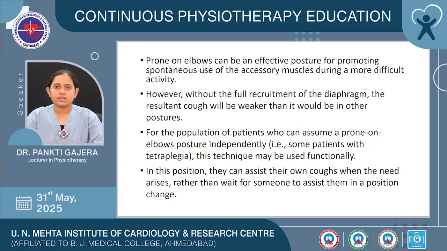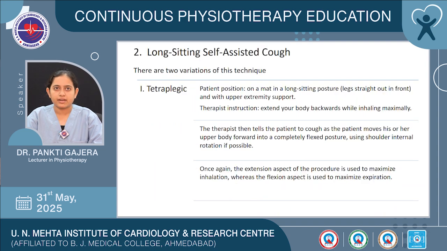In this position, they can assist their own coughs when the need arises rather than wait for someone to assist them in a position change. So, this technique can make the patient independent.